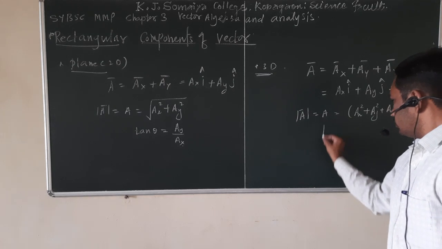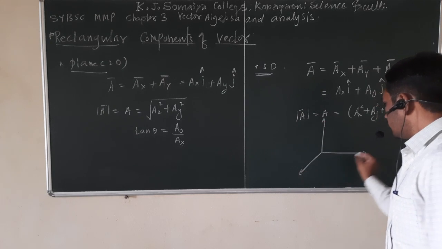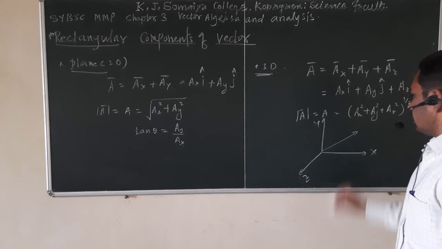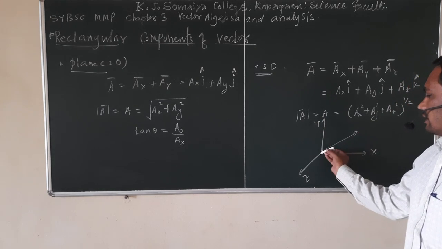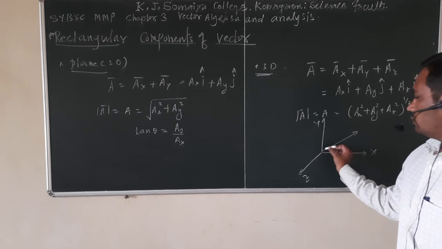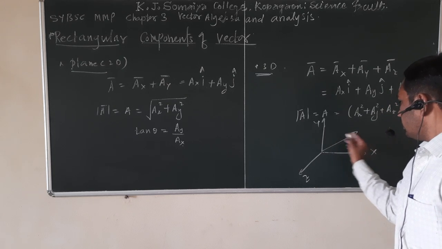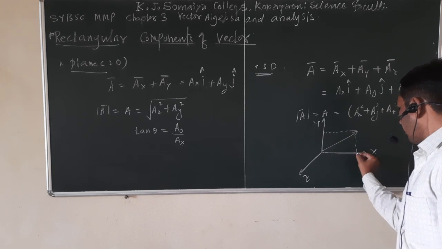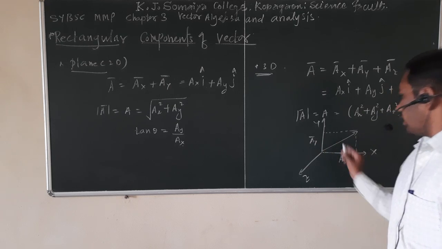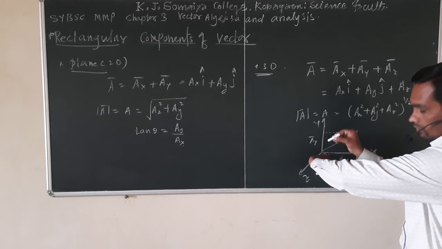So how can we show that vector diagrammatically? Suppose this is the x-axis, y-axis and z-axis, and our vector is like this. We have to take components. Take the projection of that vector along the x-axis, that is over here. This is the x component, this is the y component. Now take the projection of this vector in the xz plane.